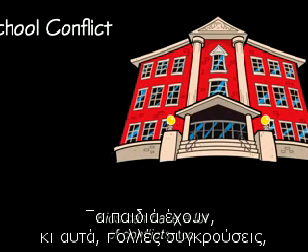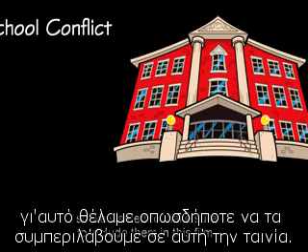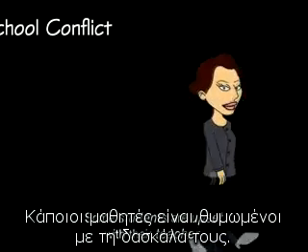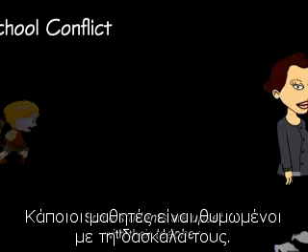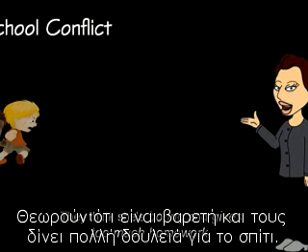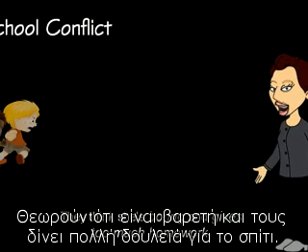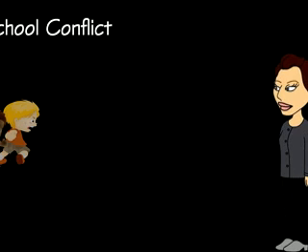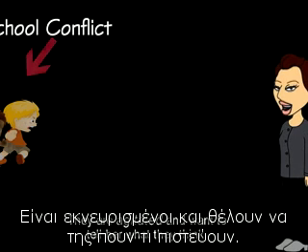Kids can have a lot of conflicts too, so we wanted to make sure to include them in this film. Some students are upset with their teacher. They think she's boring and gives too much homework. They are agitated and want to tell her what they think.